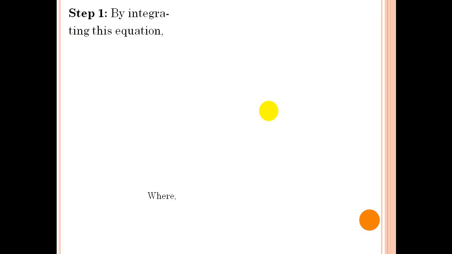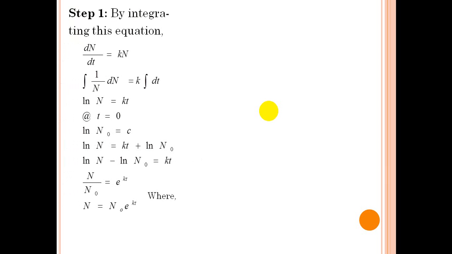For step 1, by integrating this equation, we obtain an equation that we're going to use in this problem. But this is not the equation that we're looking for. This is just the starting point of our solving. So here, dN over dt is equal to kN. We rearrange the equation, group the similar terms, and apply integration.